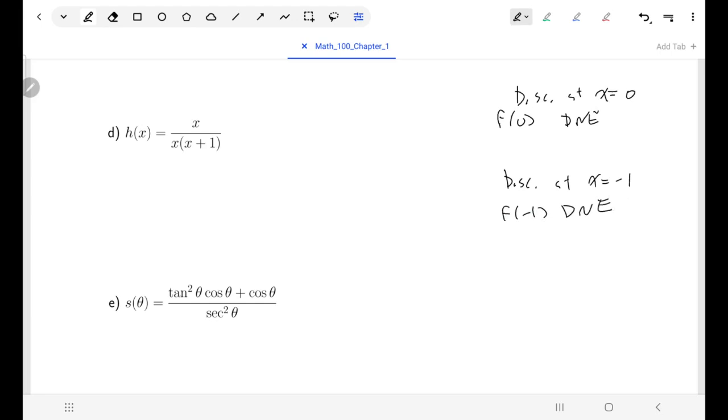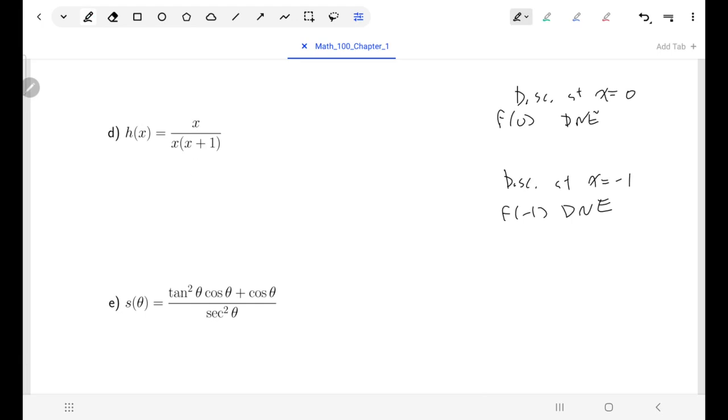And that's because currently, as it stands, you've got an x and an x plus 1 in the denominator. So at 0 and at -1, the denominators are 0, and it doesn't exist. You will notice, though, that I could simplify this function.